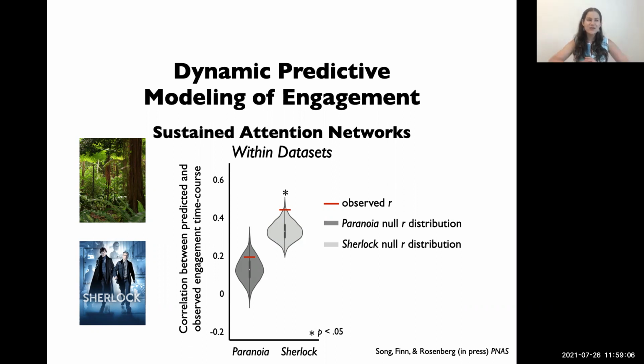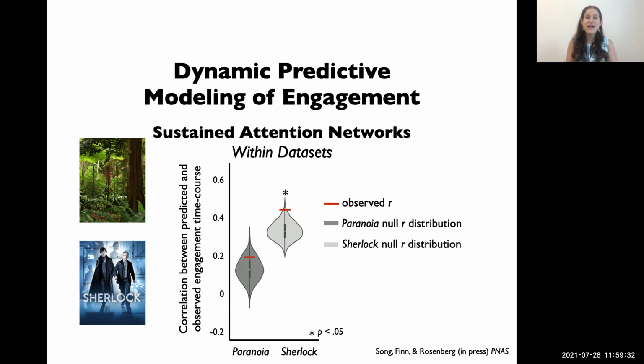It may be the case that there are distinct networks that capture visual and auditory sustained attention. This is a completely speculative hypothesis at this point, but we're conducting further studies now to follow up on this question. So it may be the case that networks that predict sustained attention and narrative engagement in naturalistic contexts are partially, but not completely overlapping, right?